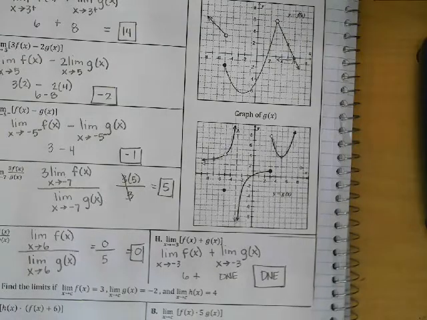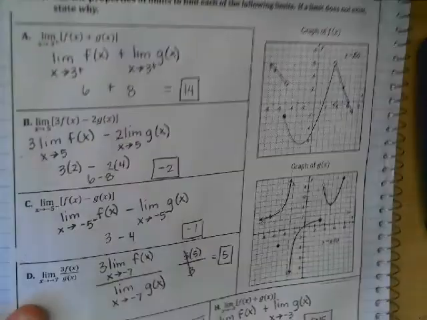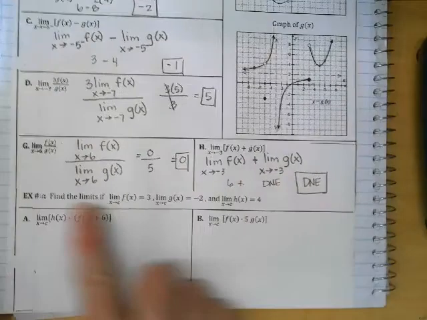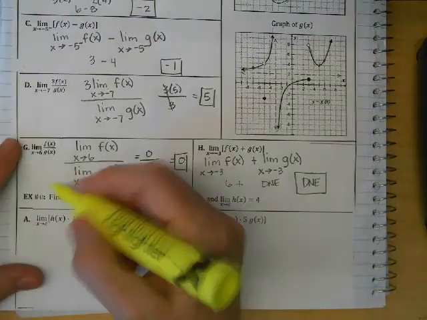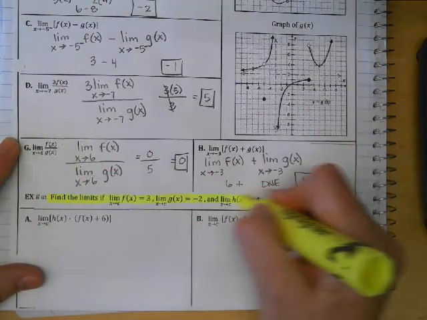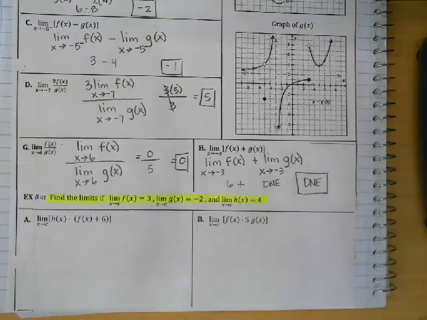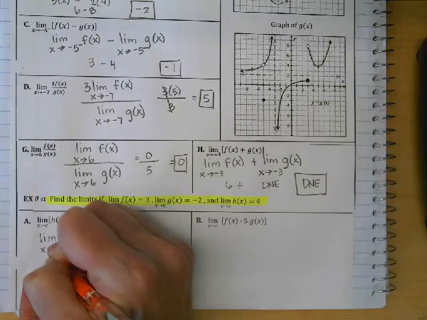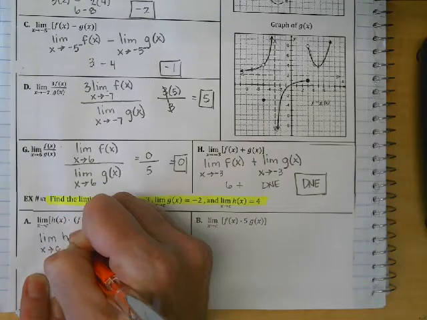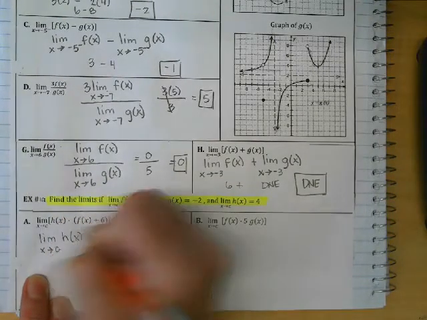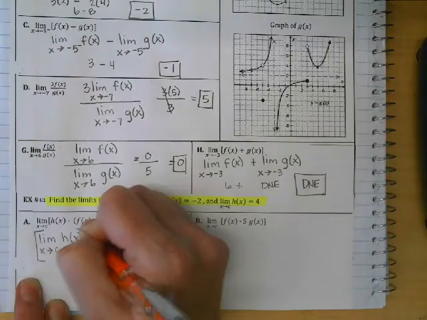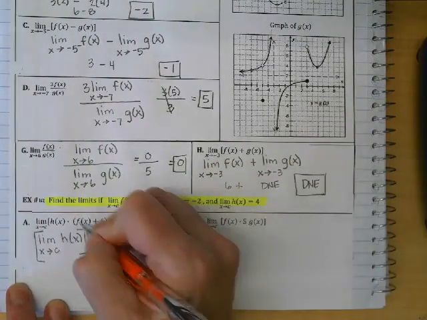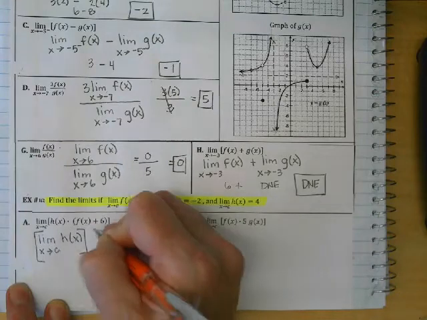Okay. All right, let's see what's happening down here. So sometimes we're not given any pictures at all. We're just given some information. So they gave us some information about these functions. So I'm going to rewrite this as we want the limit as x approaches c of h of x times, and I'm going to put brackets here. And notice that there's parentheses right here.